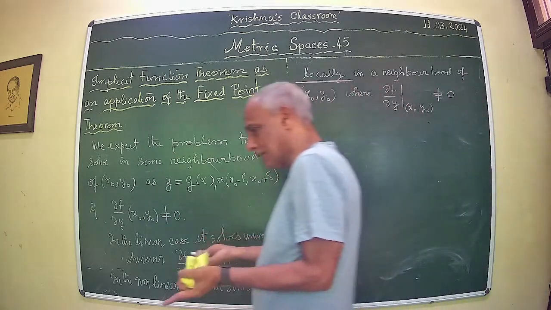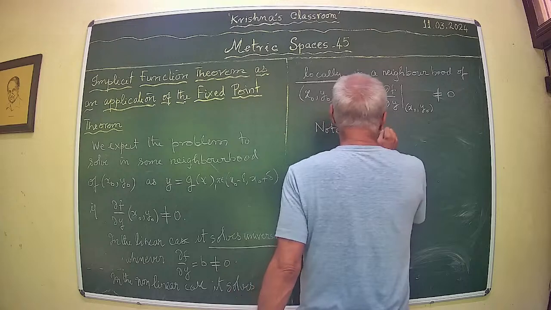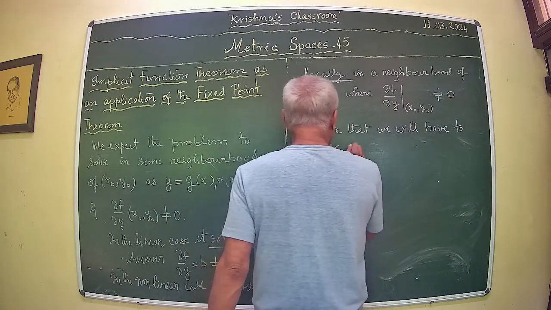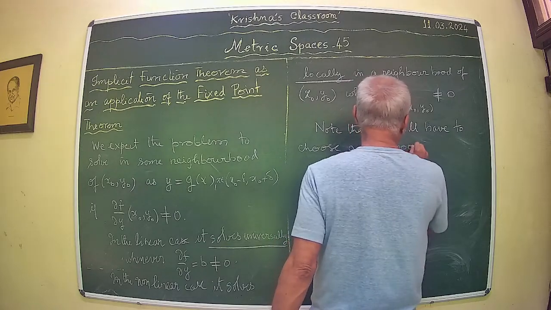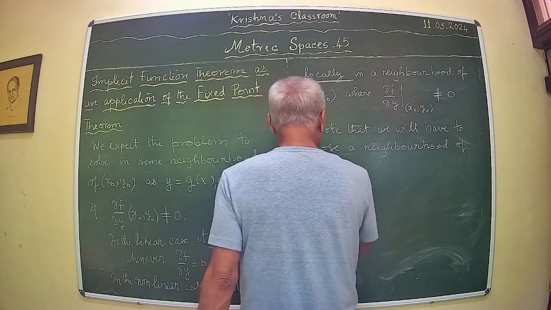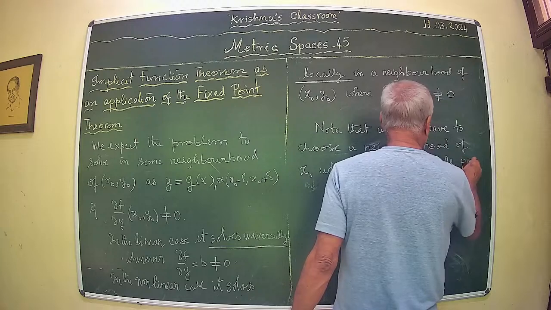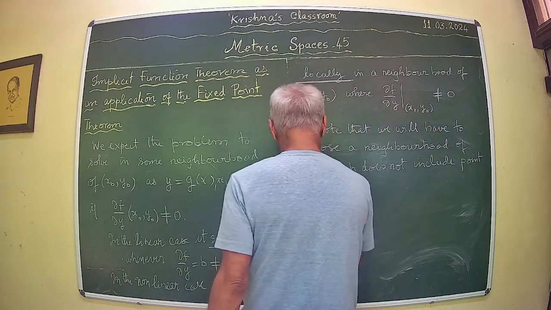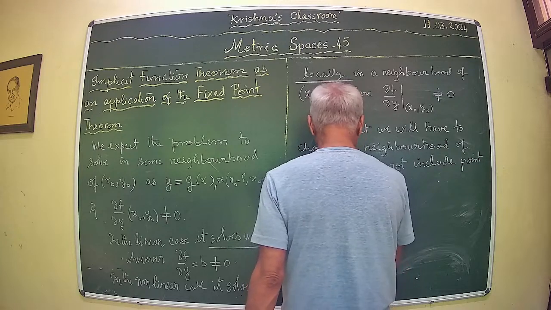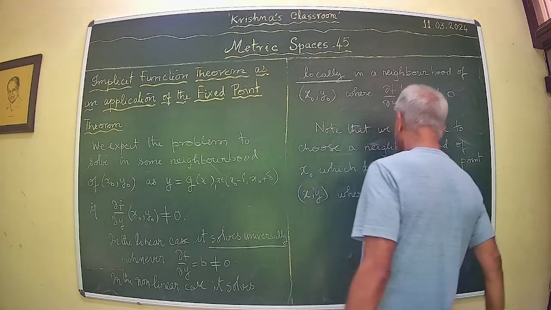So you will have to take a neighborhood of x naught which does not include points x, y where df by dy is equal to 0.